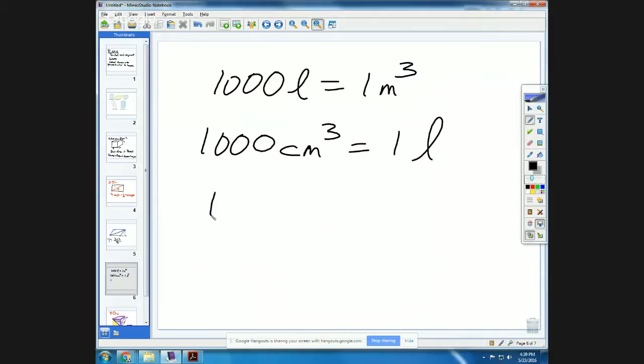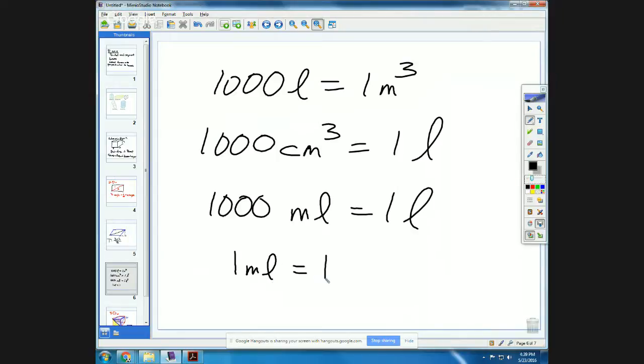So there are 1,000 milliliters in 1 liter. And so 1 milliliter is the same as 1 cubic centimeter. So there's a kind of cool link between liquid volume and rectangular volume. A milliliter is a cubic centimeter.